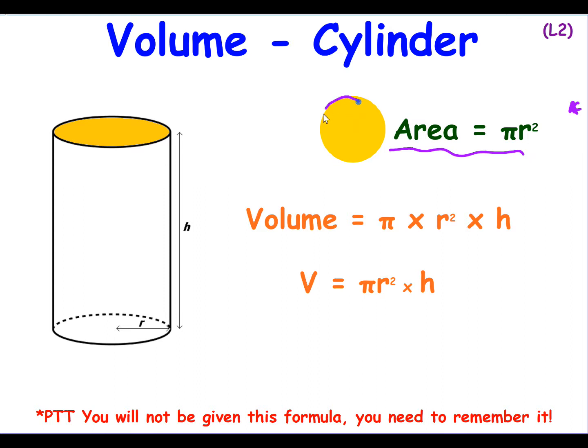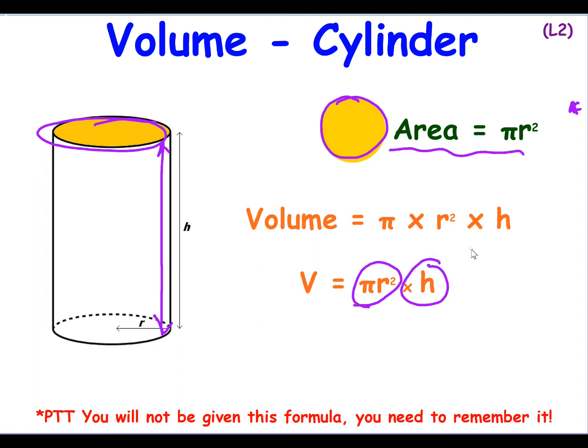If you can calculate the area of the two-dimensional shape, which is the circle, then all you need to do for the volume is multiply it by the third dimension, the height. So this gives us the area of the circle times the third dimension, or pi r squared h as it's referred to in formula, where pi times the radius squared times the height gives you the volume of a cylinder.